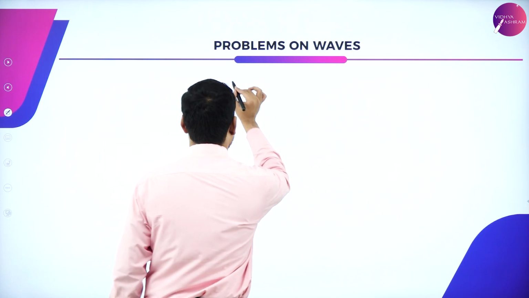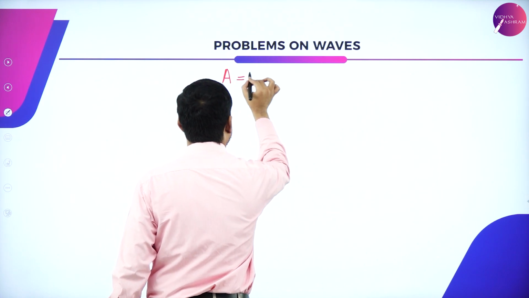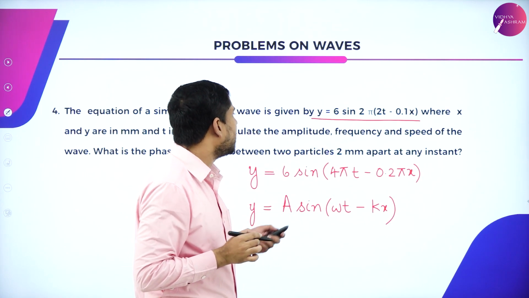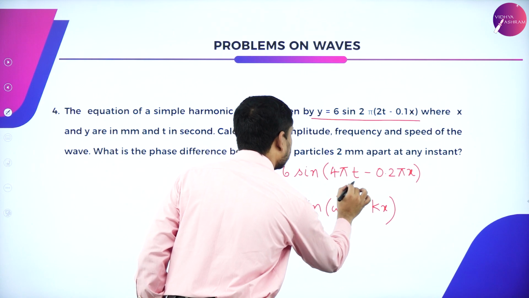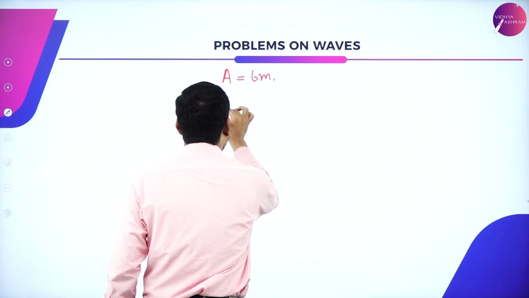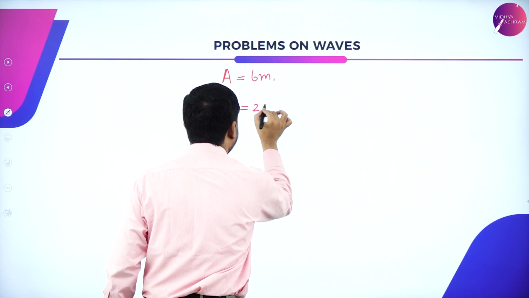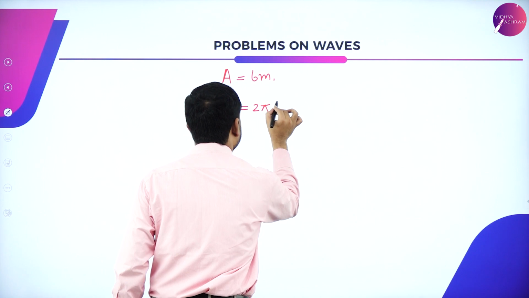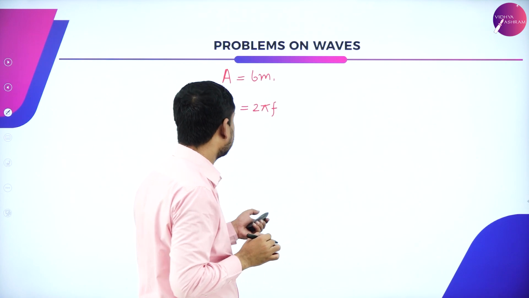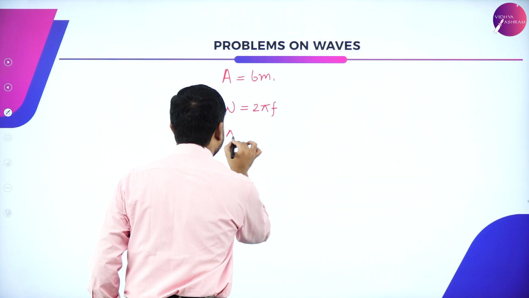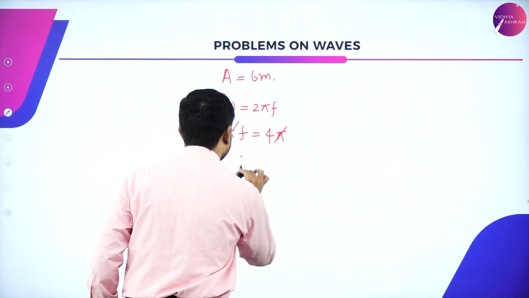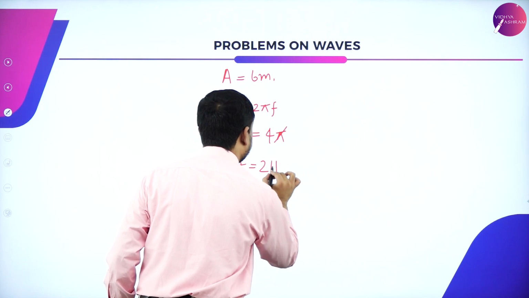Amplitude 6 meter. I need frequency and speed. So omega is 2 pi f. So here it is 4 pi. So 2 pi f is 4 pi. So f is 2 hertz.